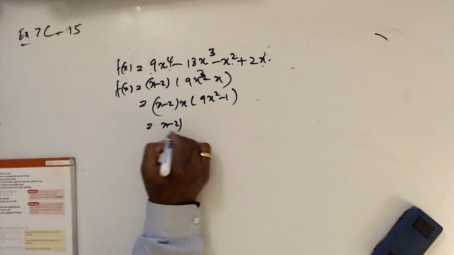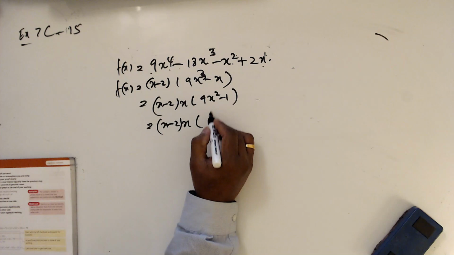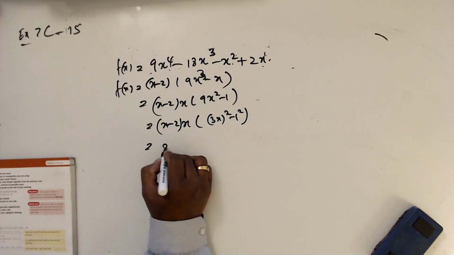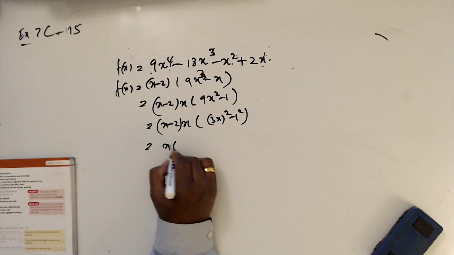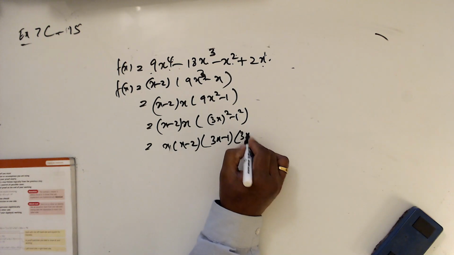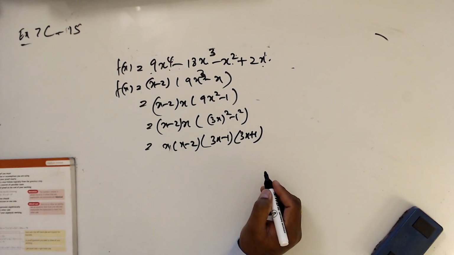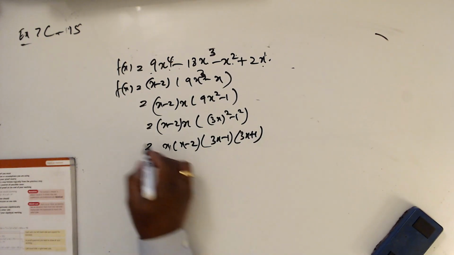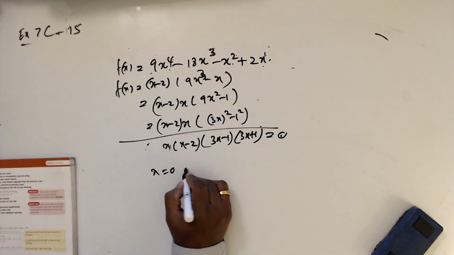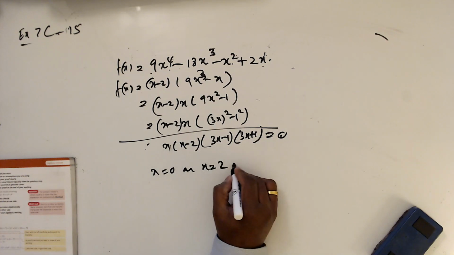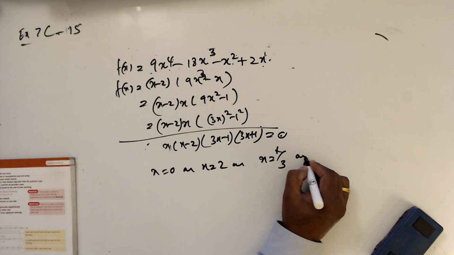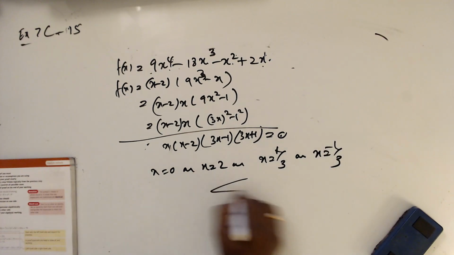Then x − 2, this is x, this is (3x)² − 1². This is x(x − 2)(3x − 1)(3x + 1). Hence, the solution to this equation is x = 0 or x = 2 or x = 1/3 or x = −1/3.